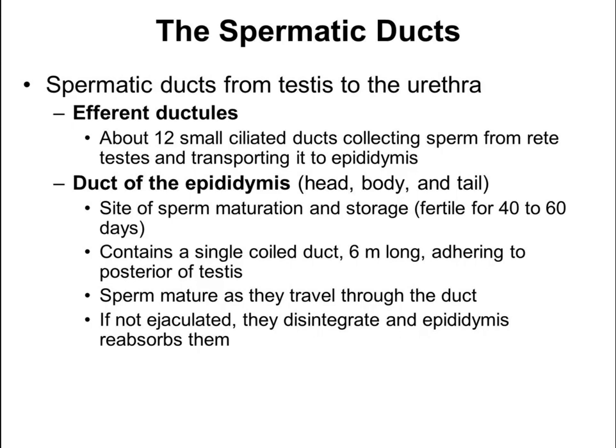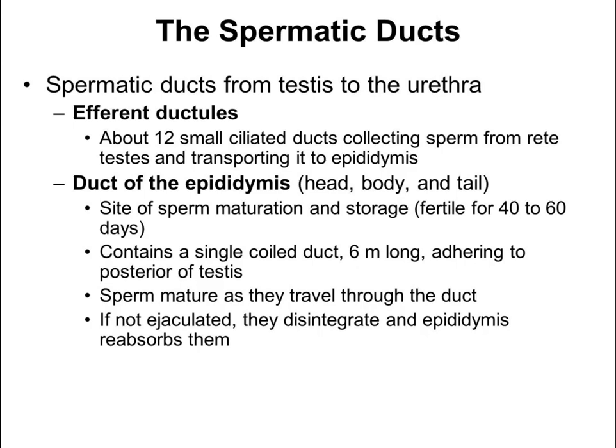Then we have the spermatic ducts. These are ducts from the testes to the urethra. There are efferent ductules, about 12 small ciliated ducts collecting sperm from the rete testis and transporting it to the epididymis.